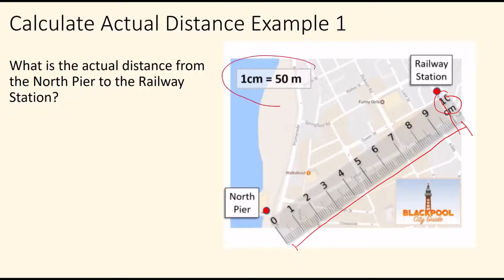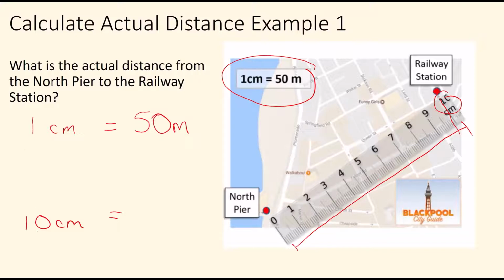So let's take a look at the scale then, the scale factor. For every 1 centimetre on the ruler, in real life it's actually worth 50 metres. But actually we have measured 10 centimetres on the map, so we want to know what is that real life measurement. This is use of ratio and proportion.